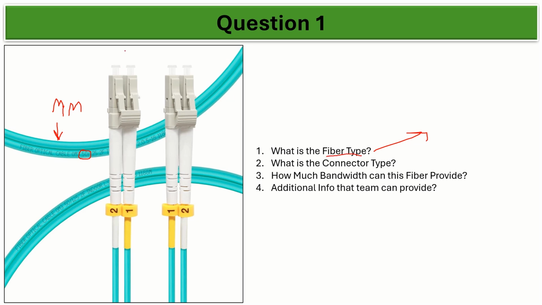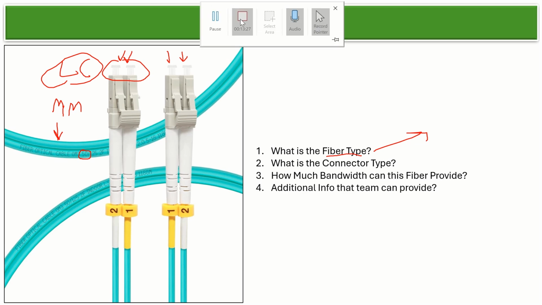What do you think is this connector type? As we can see, it is more of a push-pull type of connector and looks like the latest one. Hence, from the looks of it, it is LC connector type. Next, how much bandwidth can this fiber provide?